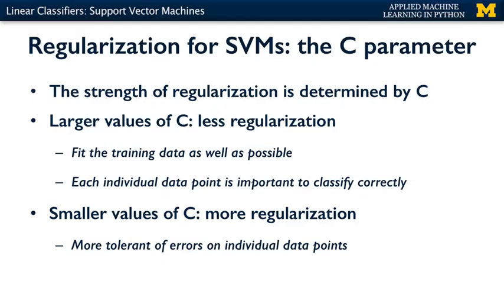Larger values of C represent less regularization and will cause the model to fit the training set with as few errors as possible, even if it means using a smaller margin decision boundary. Very small values of C, on the other hand, use more regularization that encourages the classifier to find a large margin decision boundary, even if that decision boundary leads to more points being misclassified.